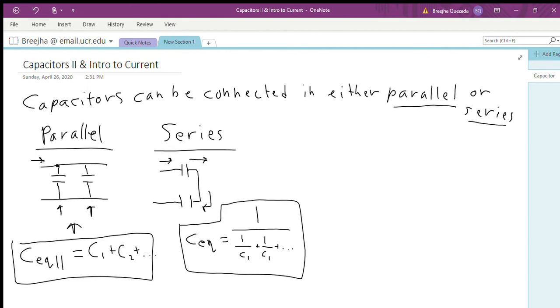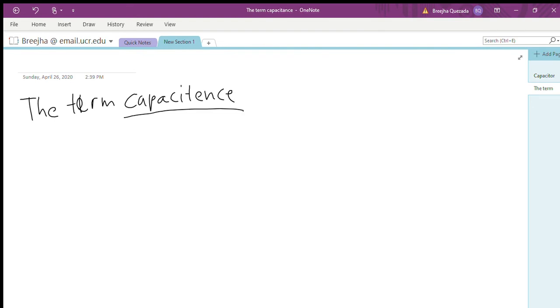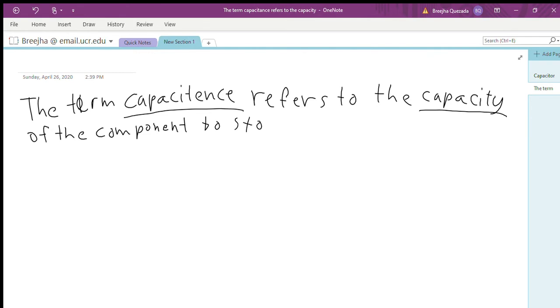One of the more interesting or really critical things to know about capacitors is that the term capacitance refers to the capacity of the component to store energy.